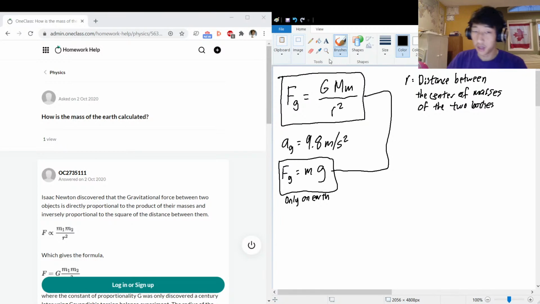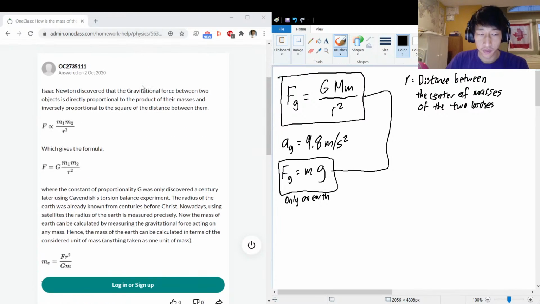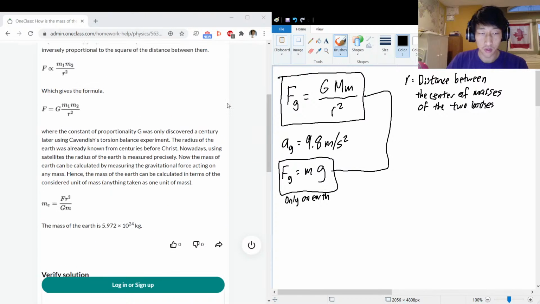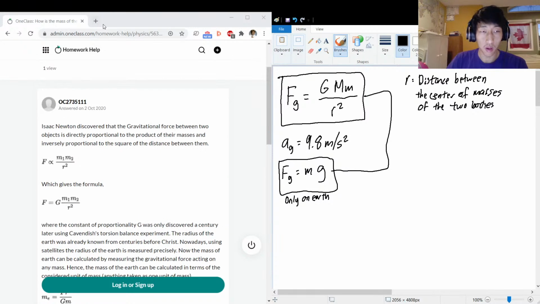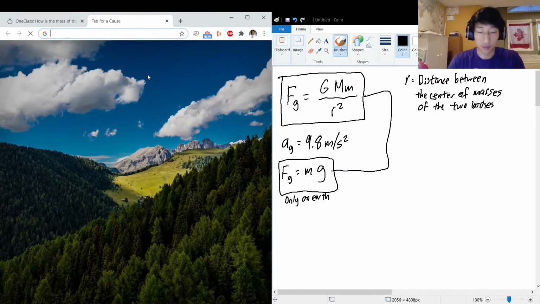In our case, because we know that this is the equation for gravity on Earth, the distance r on Earth, the distance between my center of mass and the center of mass of the Earth, is essentially the radius of the Earth. So a way that we could do that is if we just Google the radius of the Earth.